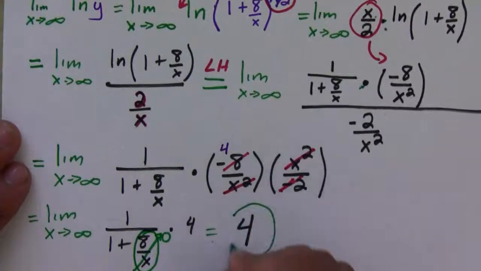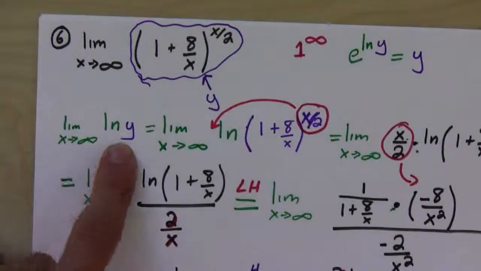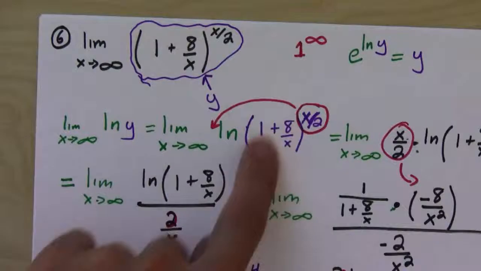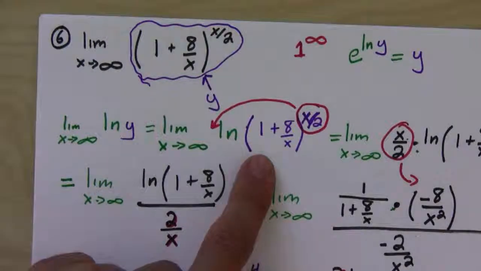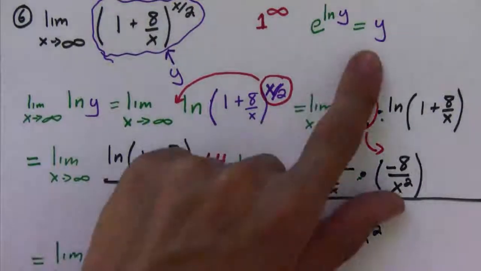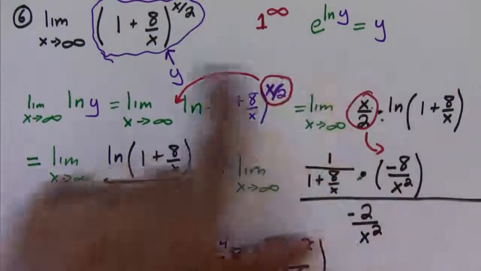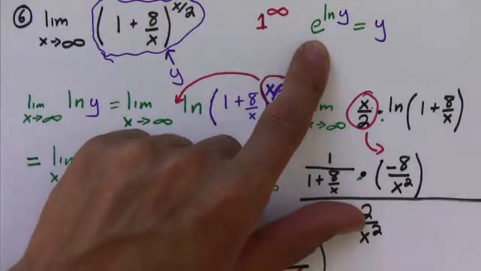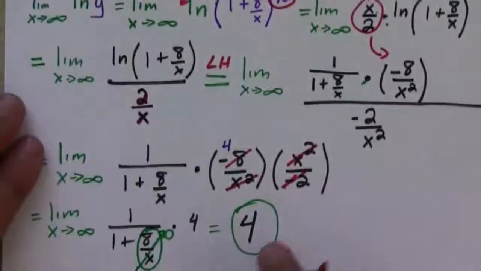This number 4 is the limit as x goes to infinity of natural log of y, which is this whole purple guy. What I really want is the limit as x goes to infinity of y. So my answer is going to be e to this number that I just found, 4.